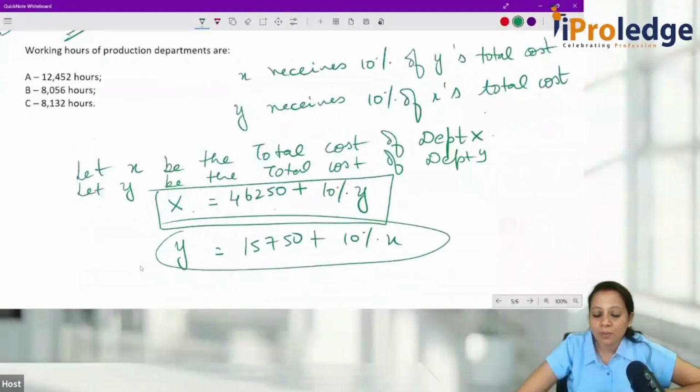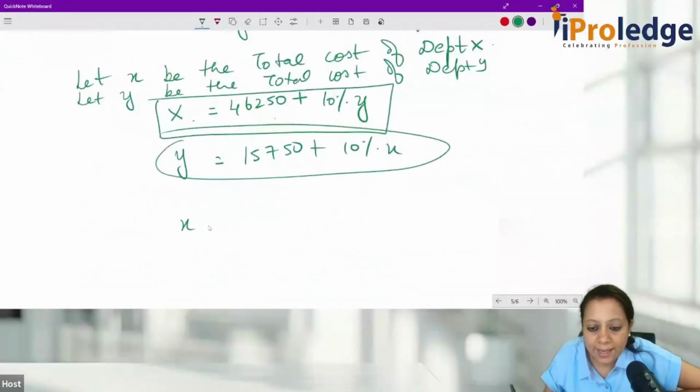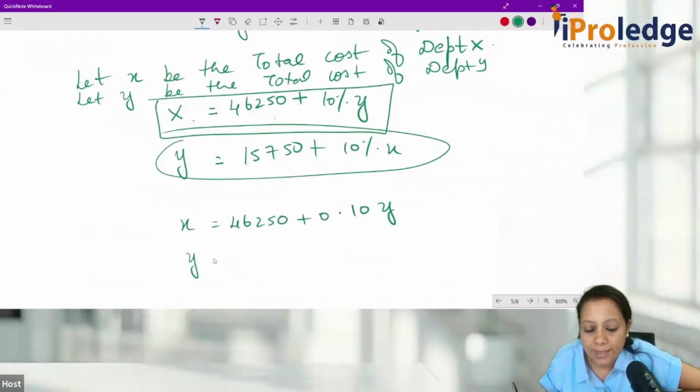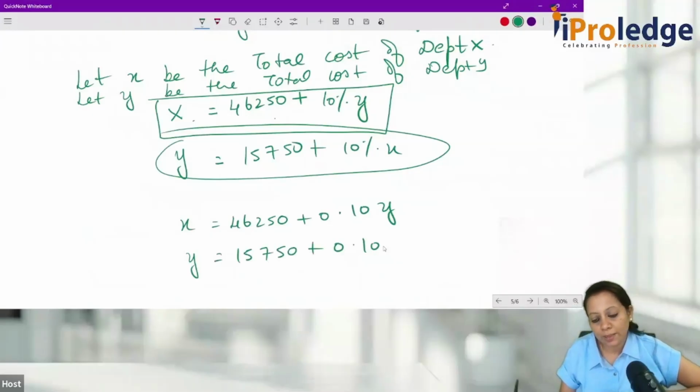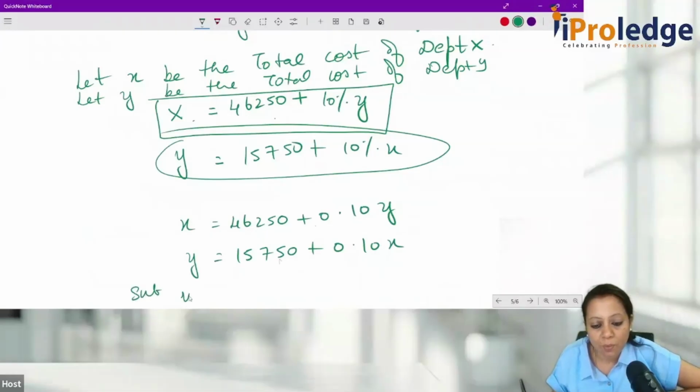Yes. So now we will form the equations. X is equal to 46,250 plus 0.1Y, and Y is equal to 15,750 plus 0.1X. Any more questions? No? So now we will substitute Y in equation 1.